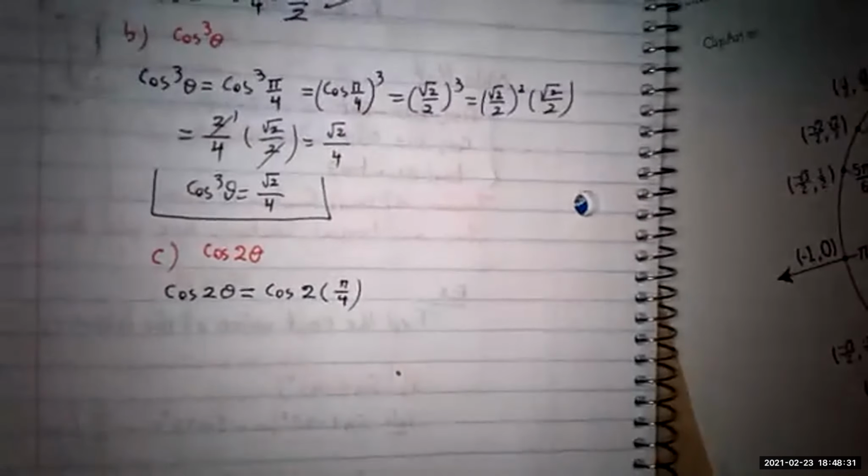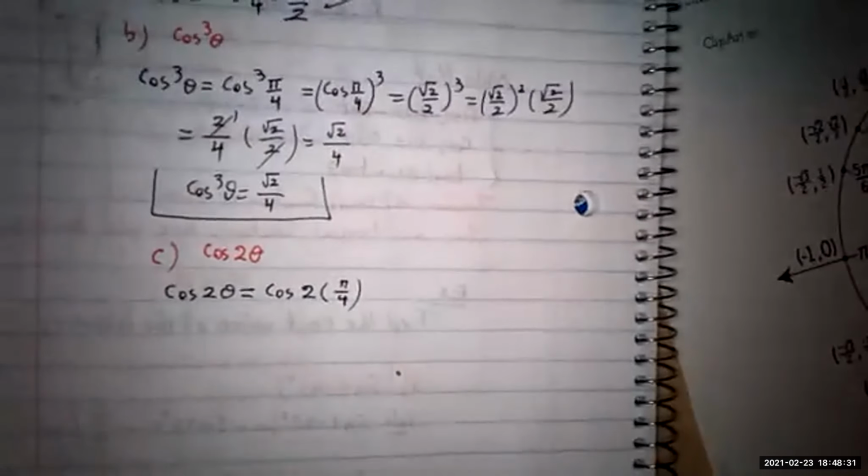The next one is opposite angle, if you like. This is cosine of the negative theta. We talked about it: cosine is an even function. Remember, the cosine of the positive theta and negative theta are the same. So the cosine of the negative theta, you substitute first, of course.